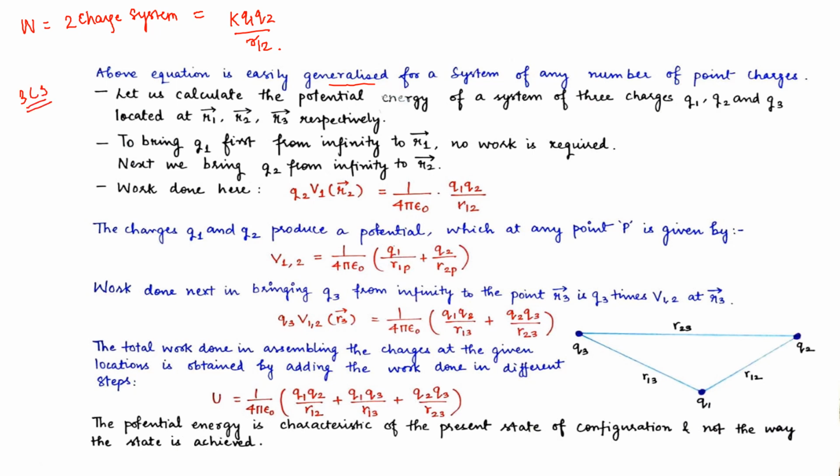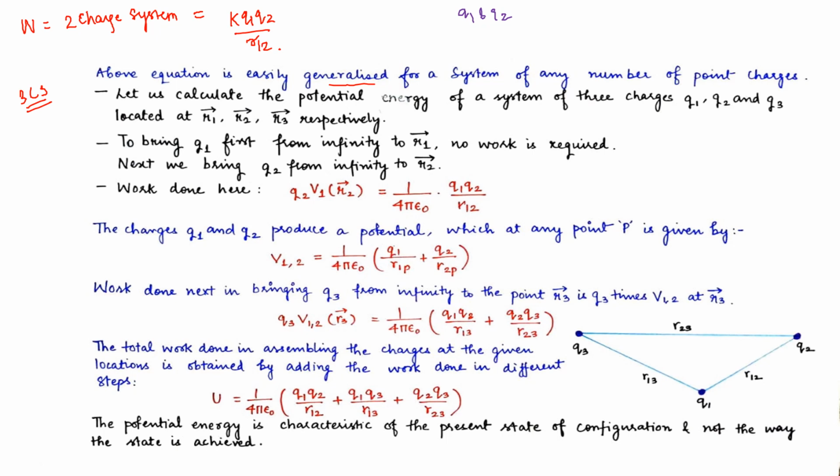So in this case what exactly we had is three charges Q1, Q2, Q3. In the similar way we have taken charge Q1 and charge Q2 in the previous system, similarly we will take Q1, Q2 and Q3 from infinity.